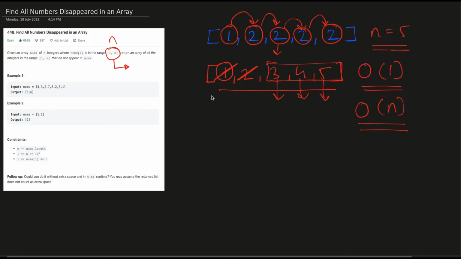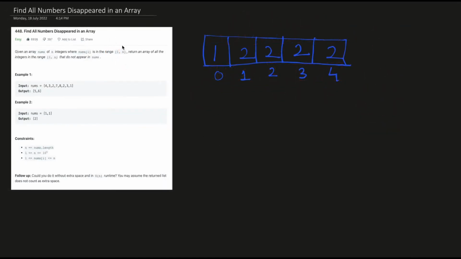Actually, no. What if the interviewer asks you a question that you don't have to use this extra data structure? Then at that moment, this will be a very tricky problem and this will use a really nasty trick. So let's analyze the problem one more time.